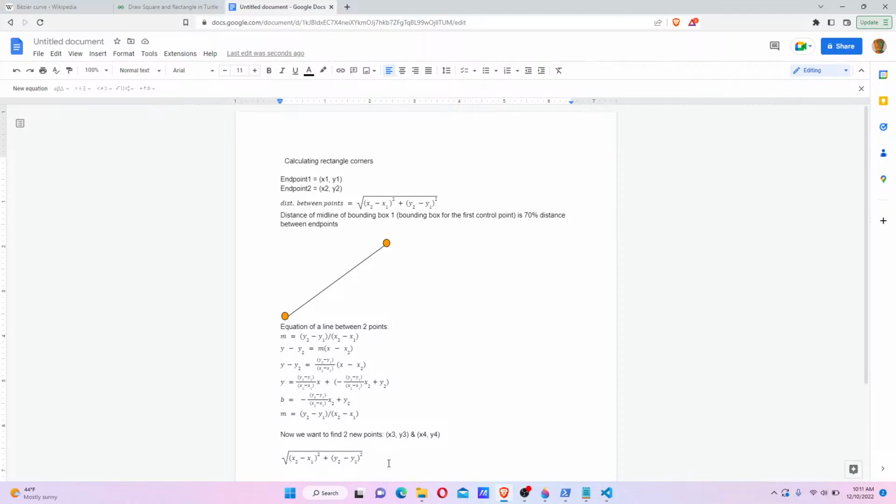Now I want to find our two new points. That's the distance between the two. So take that, multiply that by 0.7.